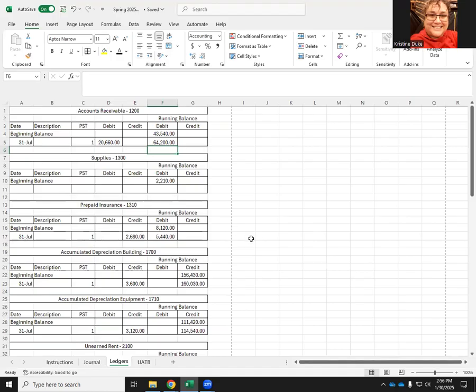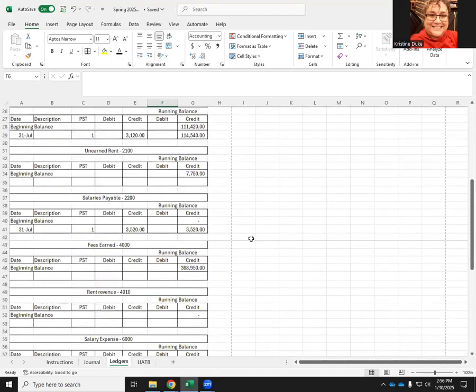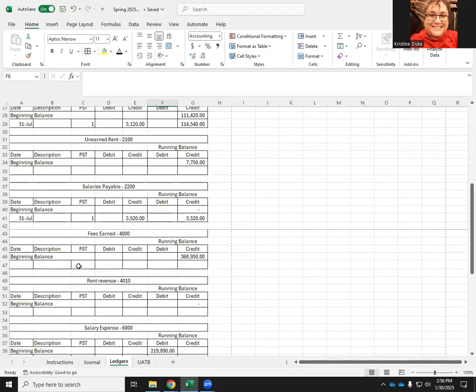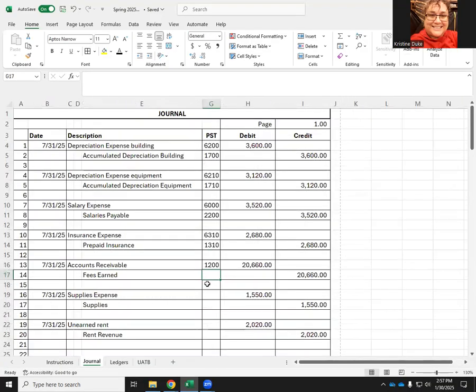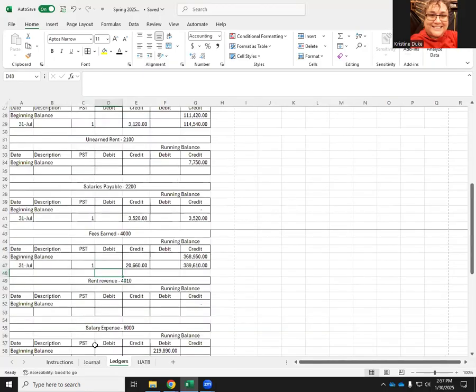I'm going to have to reprint these because I need 2 of these lines. Oh, what? No, I don't because it's rent revenue. Never mind, I don't. Aha. Okay, 2,660. Okay, I got that one done. That account is 4,000. Look at this. We're almost done. Supplies expense, 1,550.